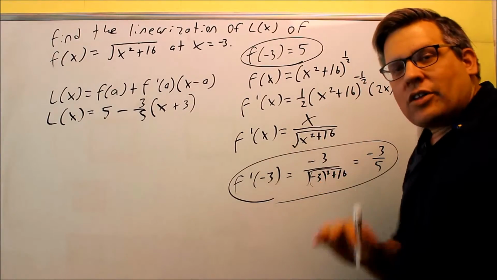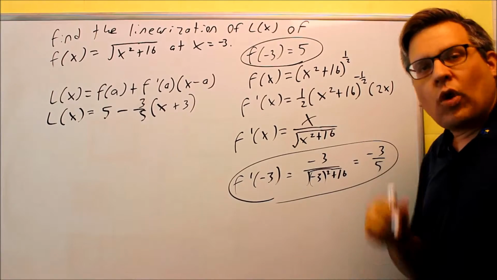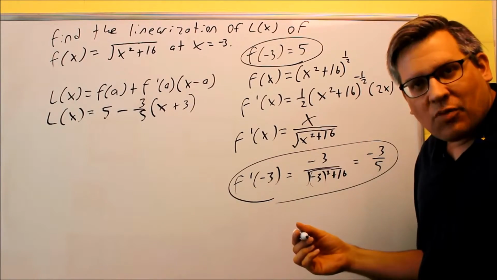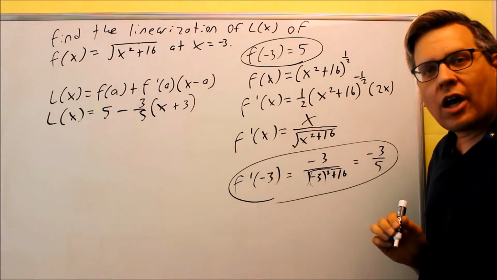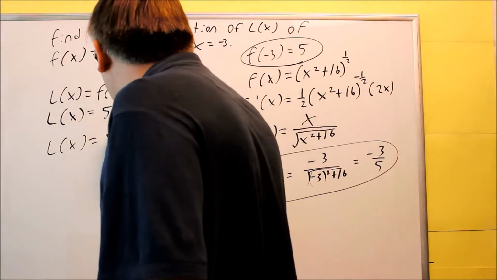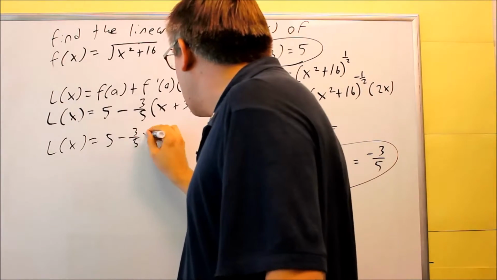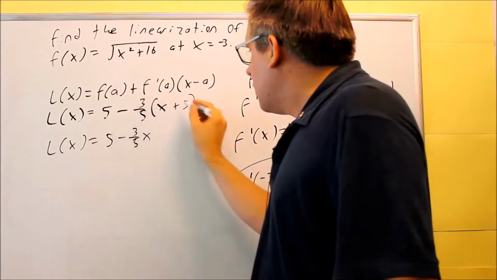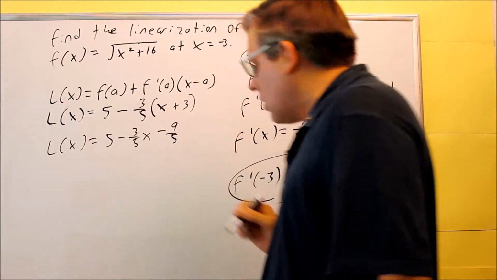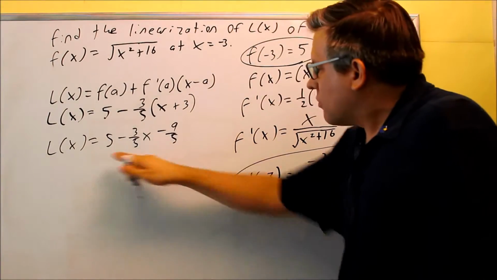Now, depending on the online homework system that you're using, it may require you to put this into y equals mx plus b, or slope-intercept form. So we'll go ahead and do that for this one. L of x, we have 5. We'll distribute the -3/5, so we're going to do -3/5 x, and then minus 9/5. And then we're going to simplify this further.